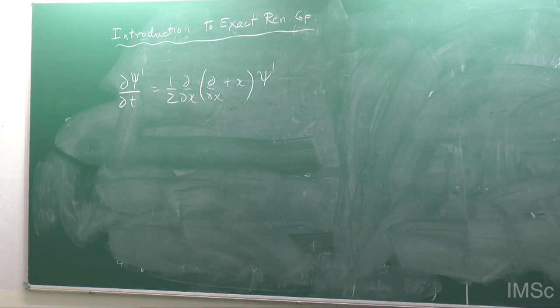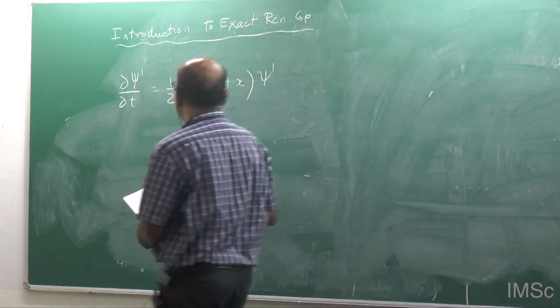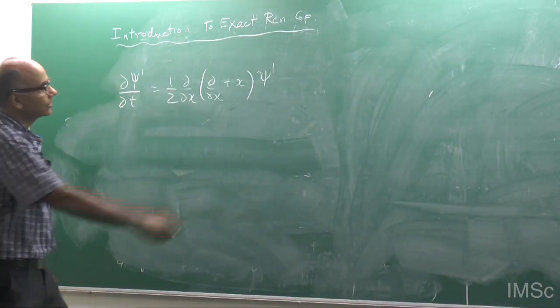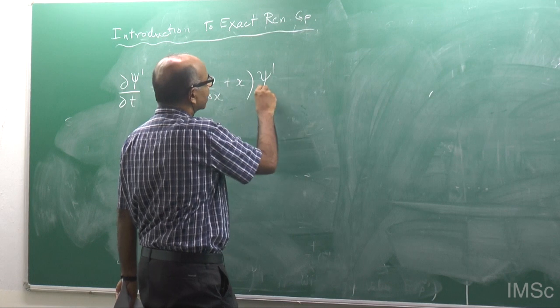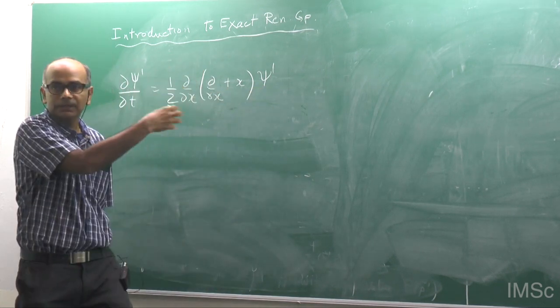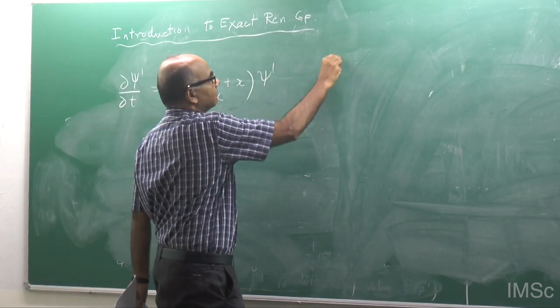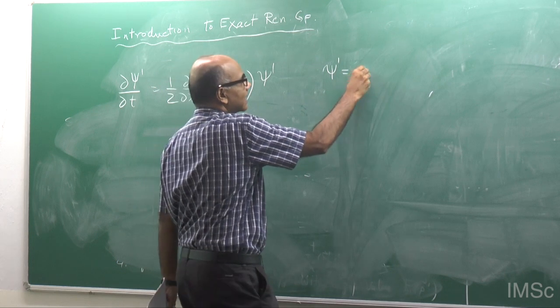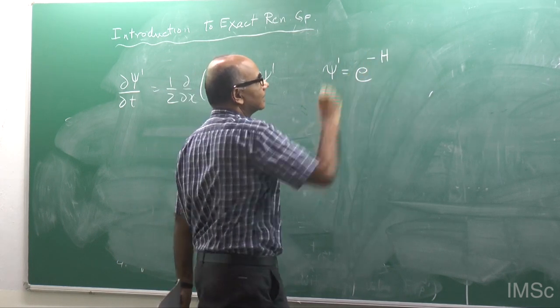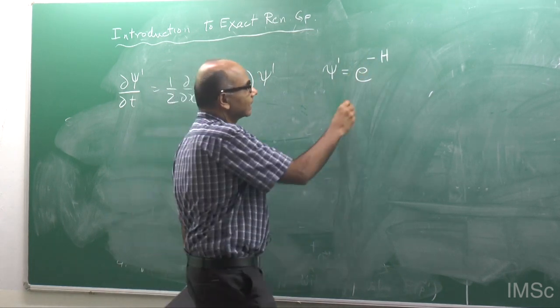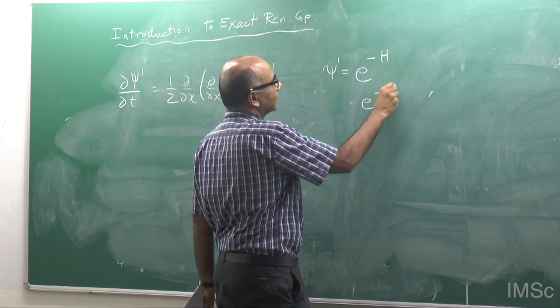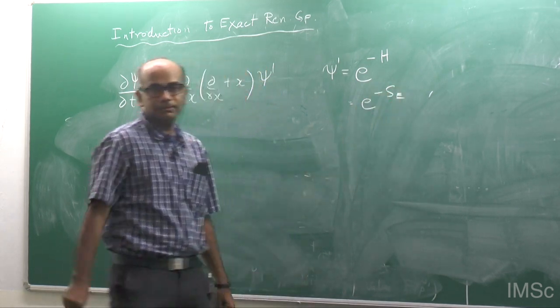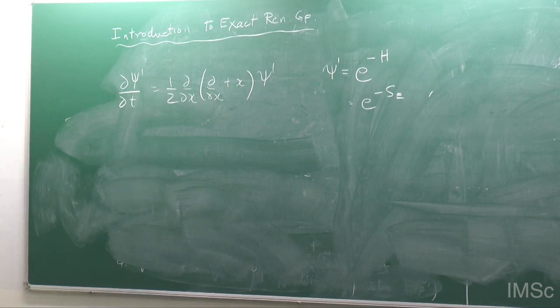So this is some kind of a diffusion equation, and he wrote this as a model. What he wanted for this wave function, psi prime, he took it as some kind of e to the power of minus Hamiltonian, or if you're working in Euclidean field theory, the Euclidean action, whatever you want.